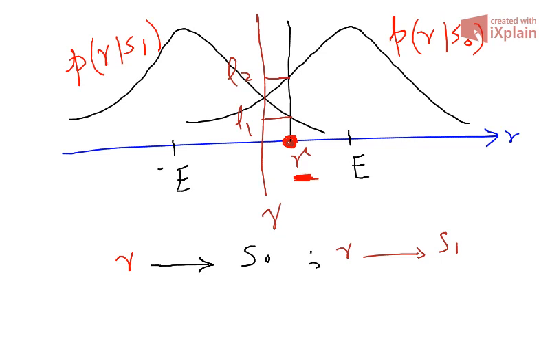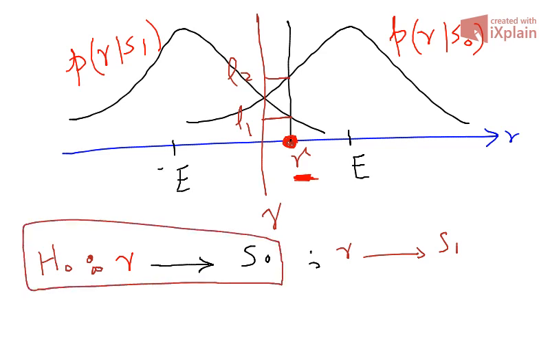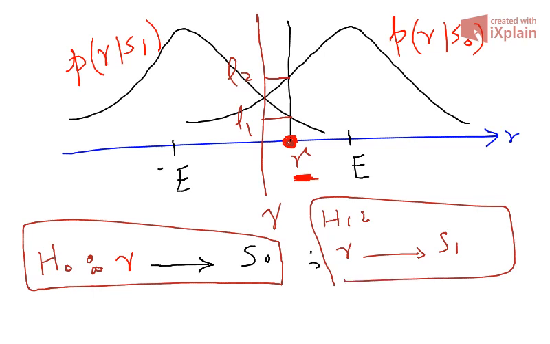Suppose this is our hypothesis H naught, which says that R is S naught. And this is our hypothesis H1, which states that the received sample value is S1.